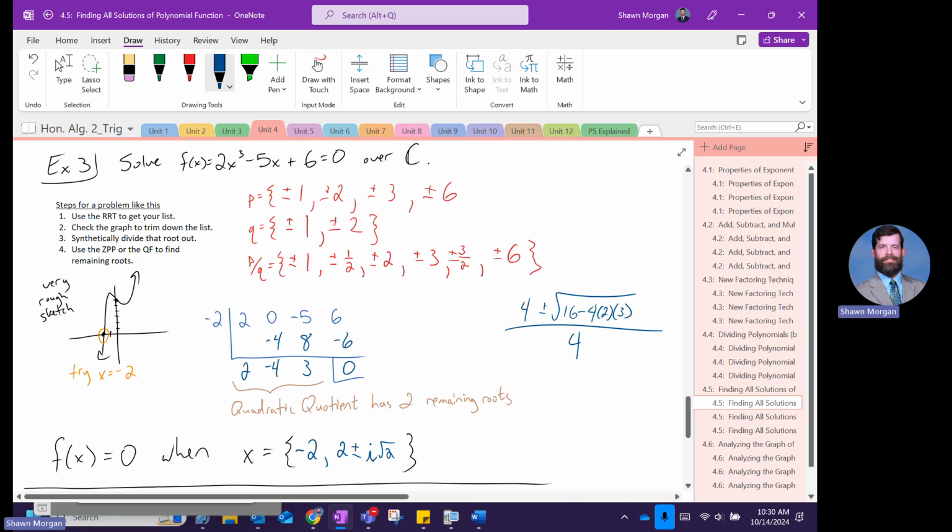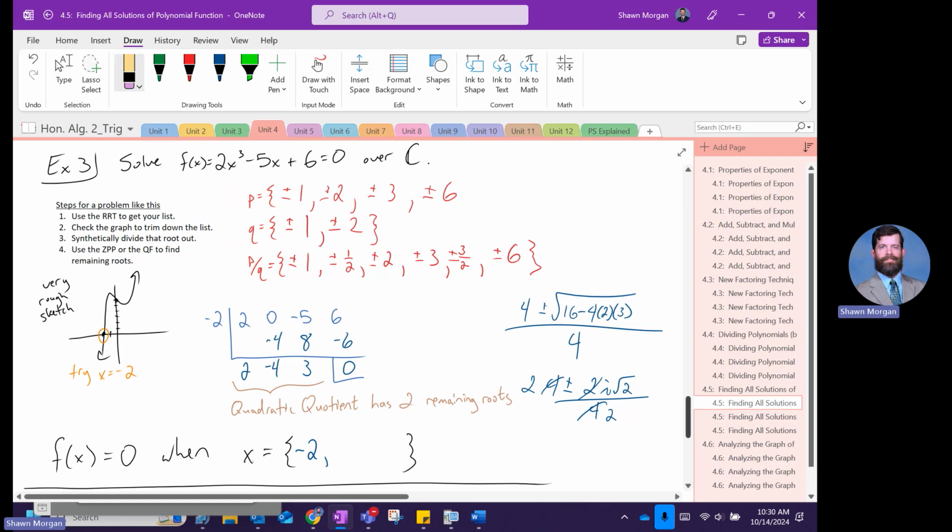No. Hold on. I'm trying to do too much. There's going to be a fraction in there. What'd you guys get when y'all did that? So maybe a 2 plus or minus. Let's put it in a plus bi form.